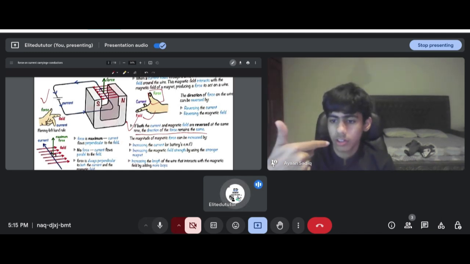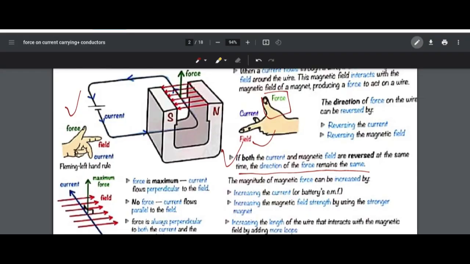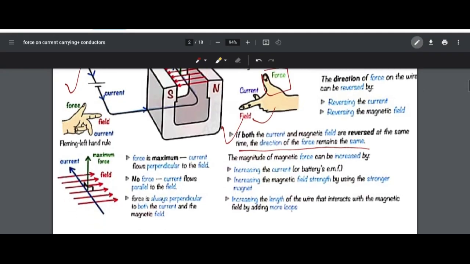Good. Okay, the next thing is that the magnitude of magnetic force can be increased. If you want to increase the magnitude of the magnetic force, you can increase the current, meaning you can increase the battery or the voltage. In that way you can increase the magnitude of the magnetic force. You can also increase the magnetic field strength by using a stronger magnet.